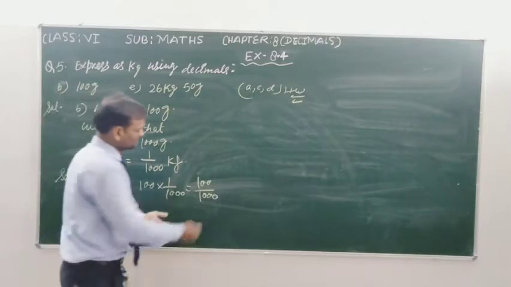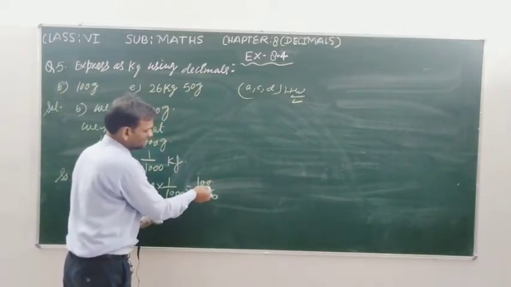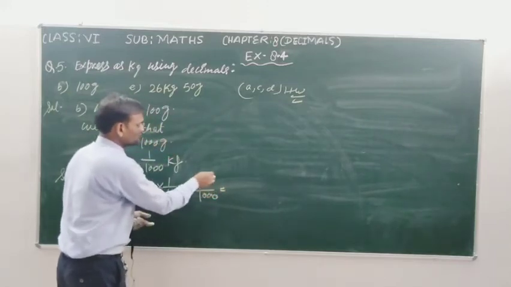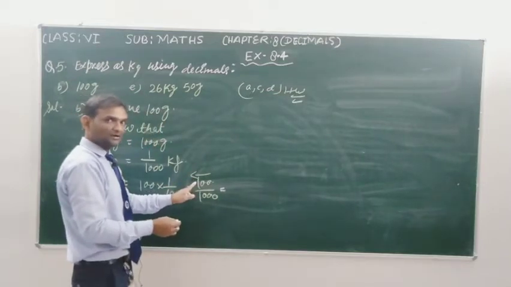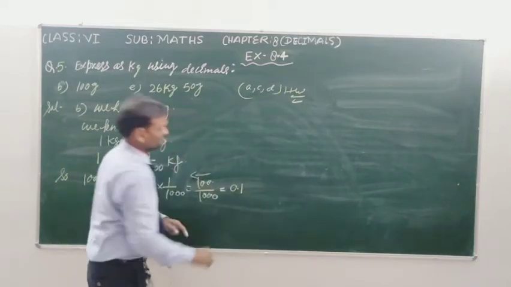And now divide it. Decimal is here. This has 100 and this number has 3 digits also. So decimal point will shift to the left side. 3 digits means before 1 you will use the decimal point, 0.1.